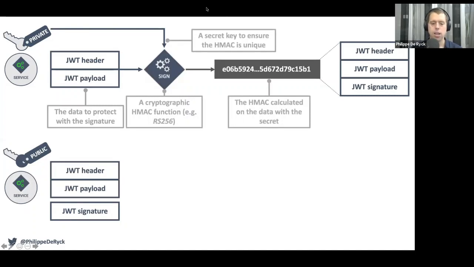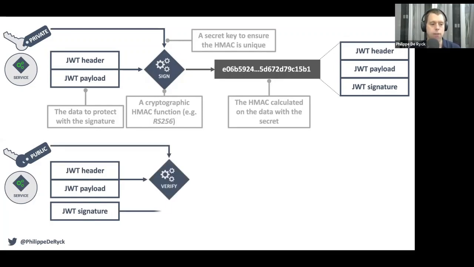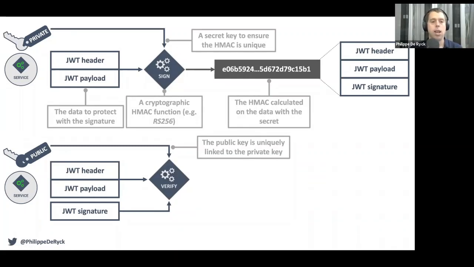The public key is uniquely linked to the private key. So we use a verify function and we feed the public key, the data, and the signature into that verify function. And out comes the result, true or false, exception or no exception, or whatever your language likes to do.